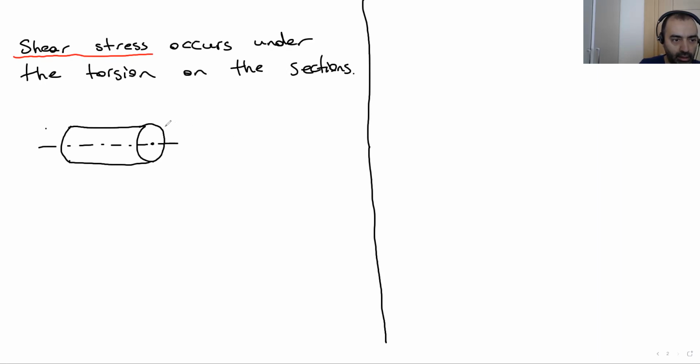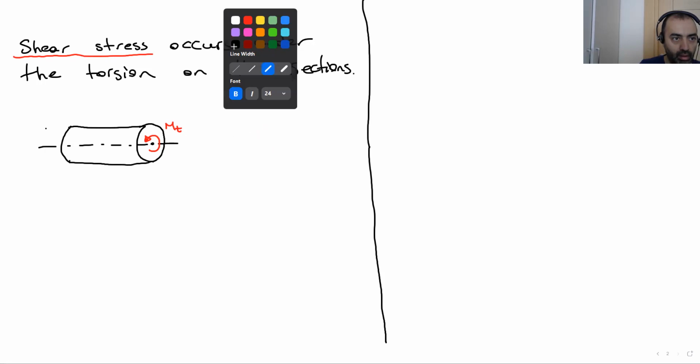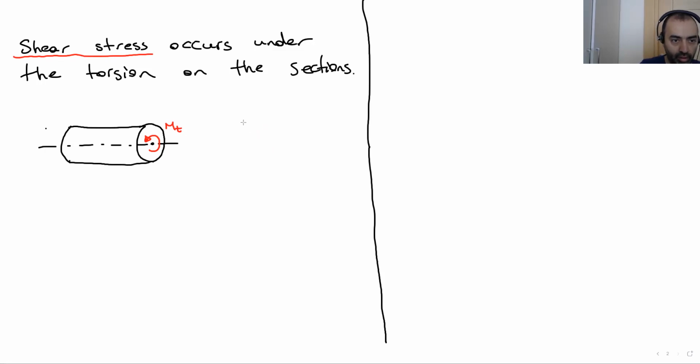And then if we apply the torsional moment on the section, we will see on the section, the section is circular, like this.